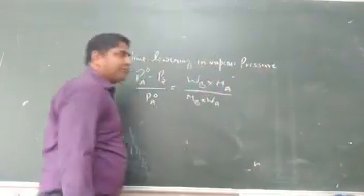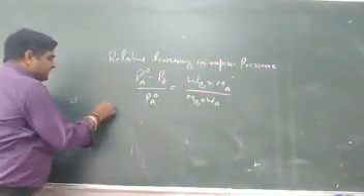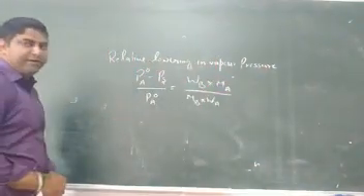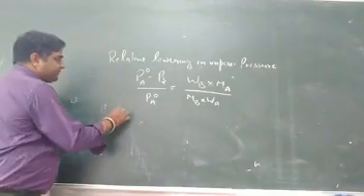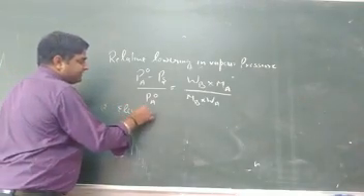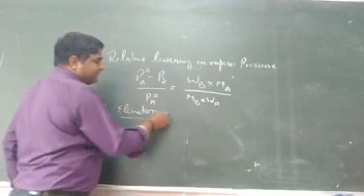Now, the second colligative property that we did was elevation in boiling point. We know that elevation means increase in boiling point.